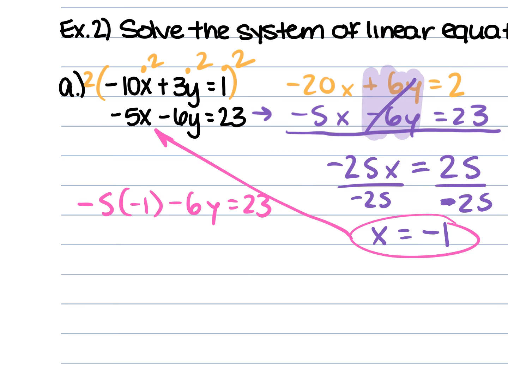What do I have to do first? Negative 5 times negative 1 would be 5. Minus 6y is equal to 23. What would I do next? Subtract 5. So negative 6y is equal to 23 minus 5, which is 18.